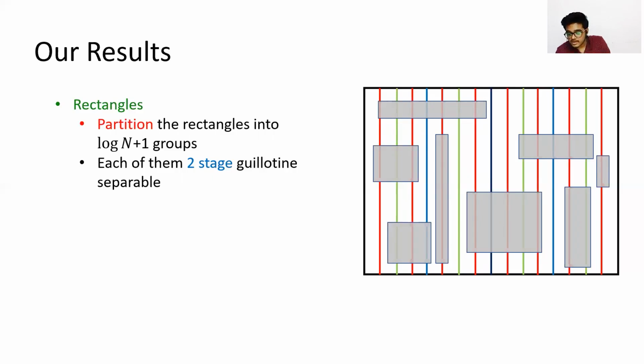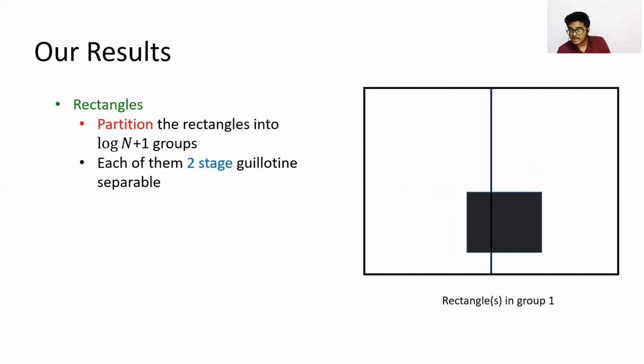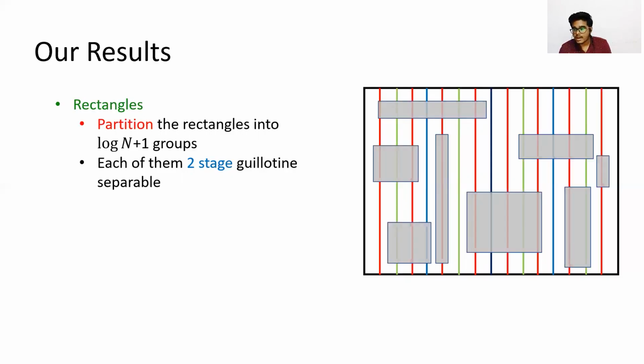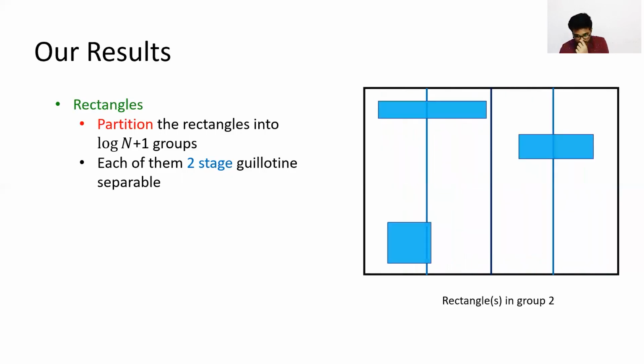As you can see, the middle black line is called the pole of level 1. The rectangles intersecting it are said to belong to group 1, and they are guillotine separable. Those rectangles that are not intersecting black but intersecting blue are said to belong to group 2.